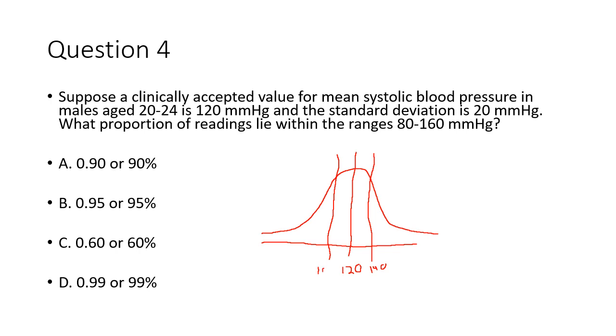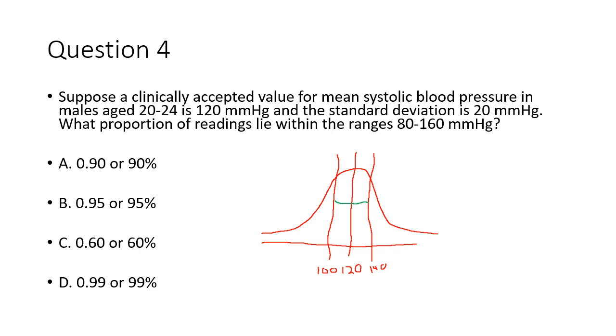So it'd be 100. So that's one standard deviation out, right? And if you recall, one standard deviation either direction, from here to here, should be 68% of your values, okay? So about 2/3 of all your values should fall within this range of one standard deviation in both directions, okay?